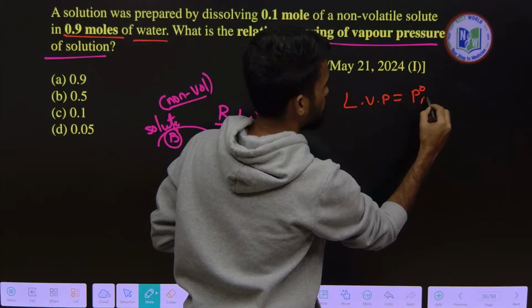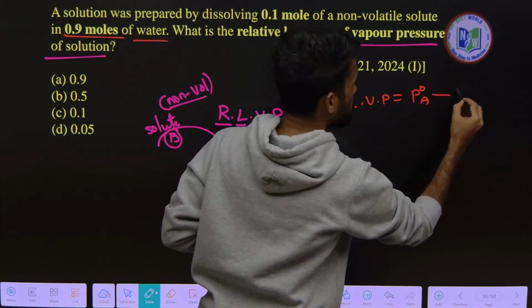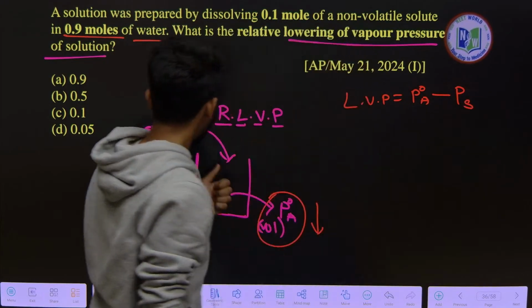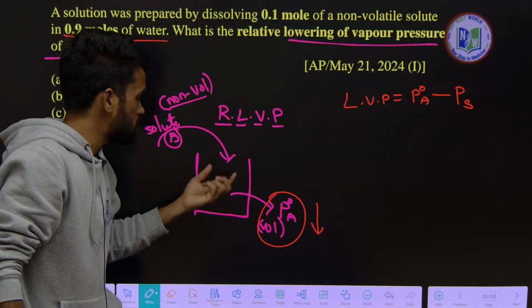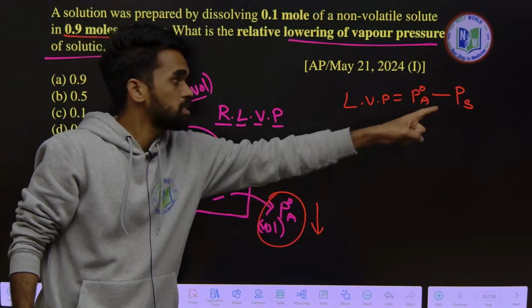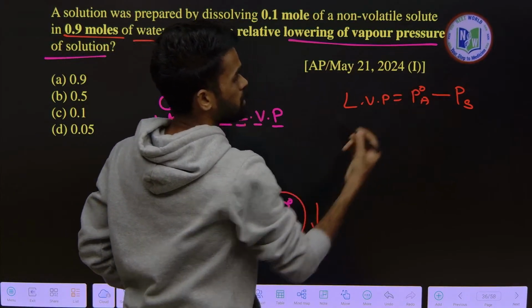P0A is the initial vapor pressure of the solvent. Now it is lowered, so that is PS, the vapor pressure of the solution. Once after adding this solute, solute plus solvent becomes solution. So the LVP you can write as P0A minus PS.